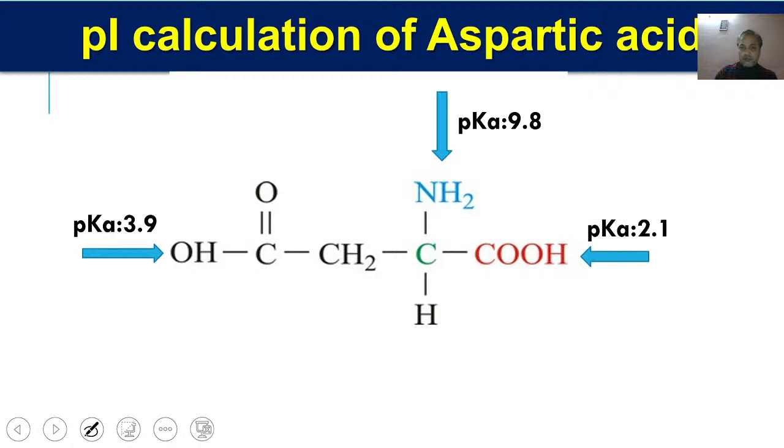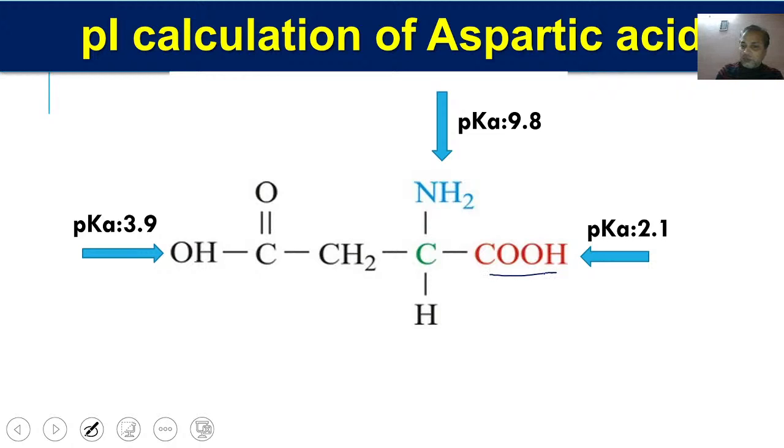In this case you can see this amino acid has 3 ionizable groups.